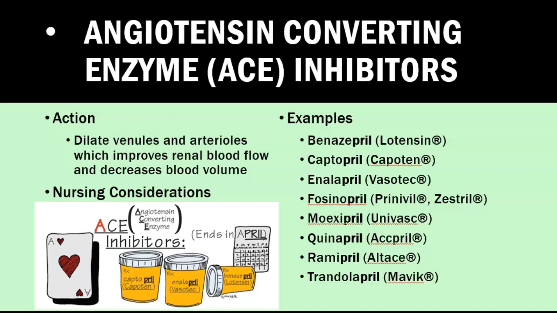Sometimes it's a side effect that the patients can tolerate, so it varies. With ACE inhibitors, it can take weeks or months for the maximum therapeutic response. And again, you want to restrict sodium and restrict potassium. That will help with fluid retention, and also help avoid hyperkalemia.